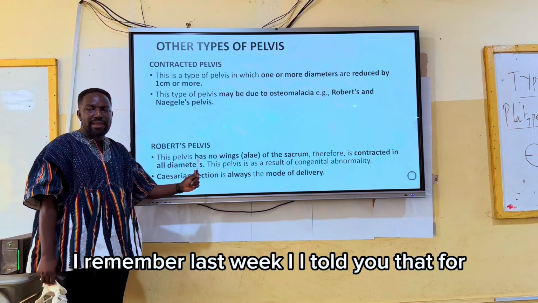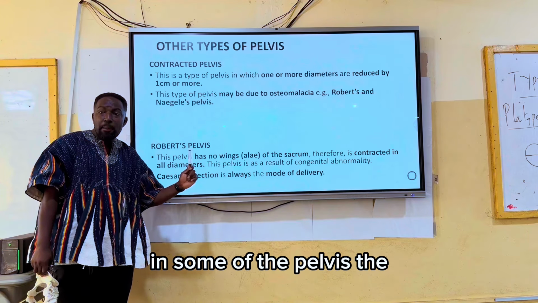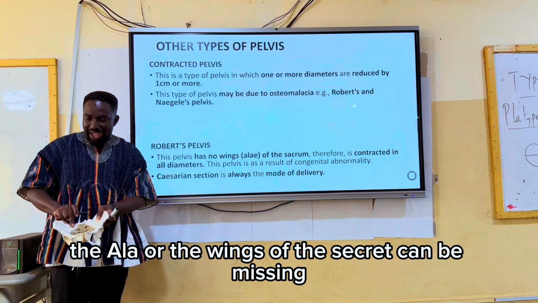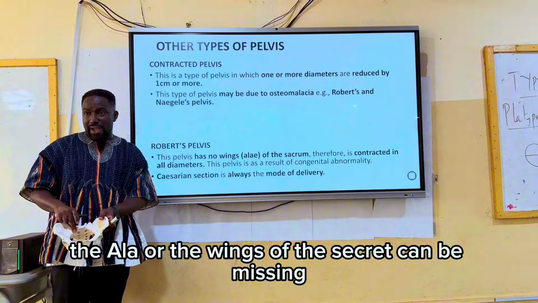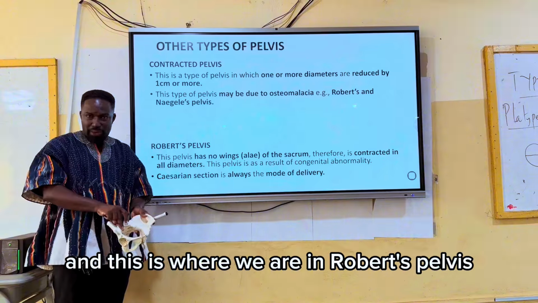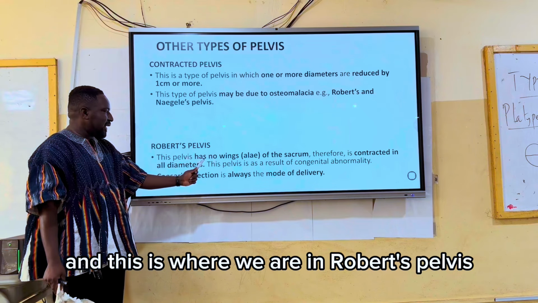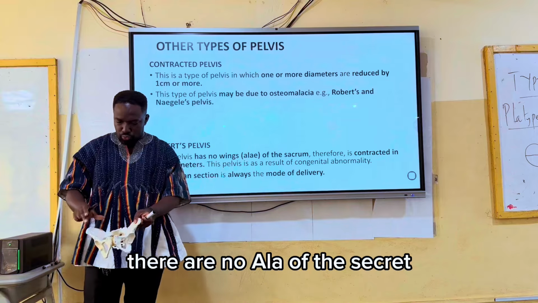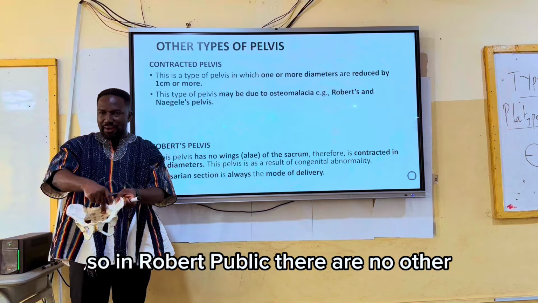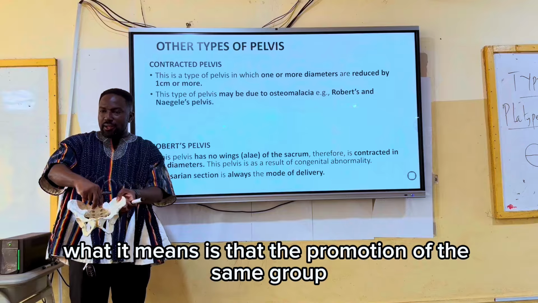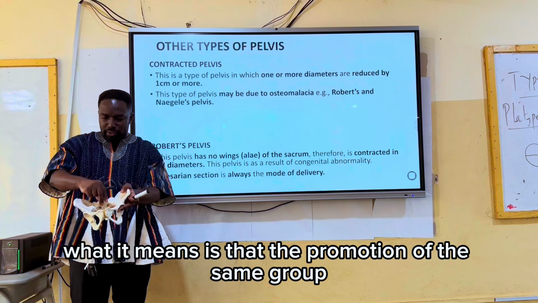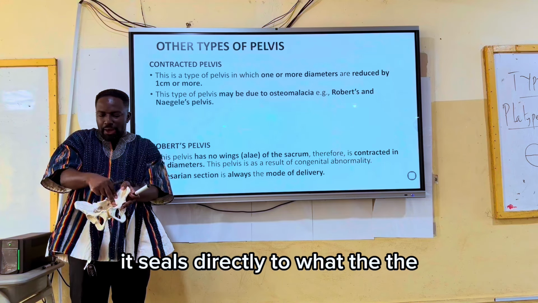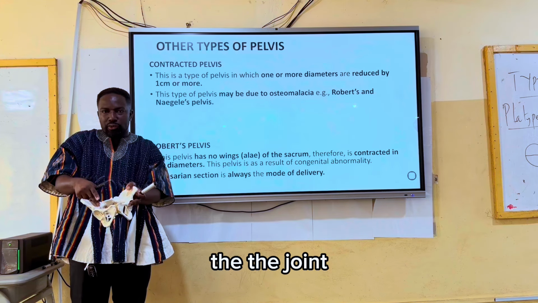I remember last week I told you that in some of the pelvis, the ala or the wings of the sacrum can be missing. And this is where we are. In Robert's pelvis, there are no ala of the sacrum. What it means is that the promontory of the sacrum is fused directly to the joint.